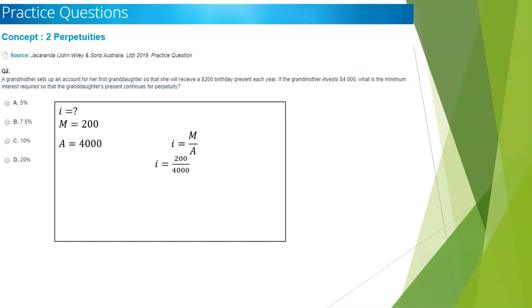A is 4,000. So we rearrange the equation to get 200 divided by 4,000, which is 0.05 per period. We need to convert that back to a percentage, and so we multiply by 100 and we get 5%. So our answer is A.